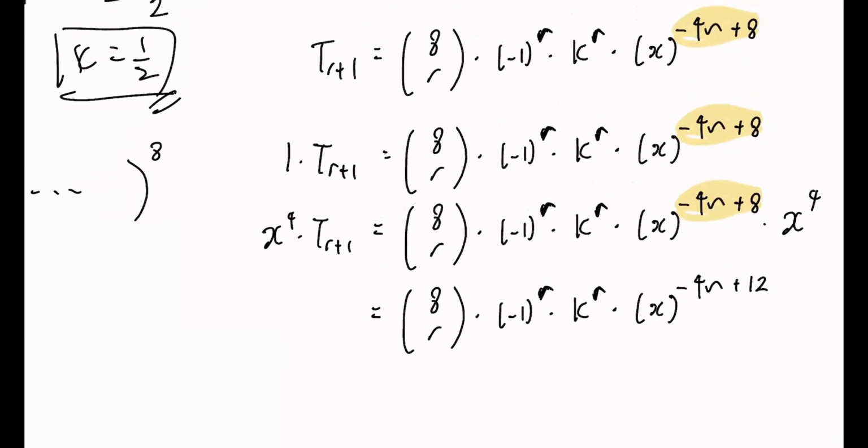The emphasis should be on the power. Over here, if I can just erase this highlighter, the power here and the power here. Maybe I should have left a line.